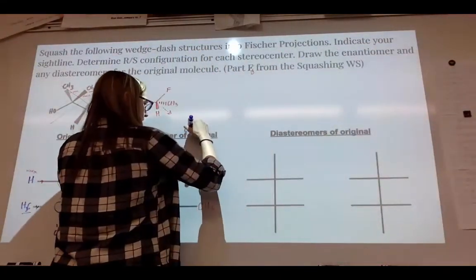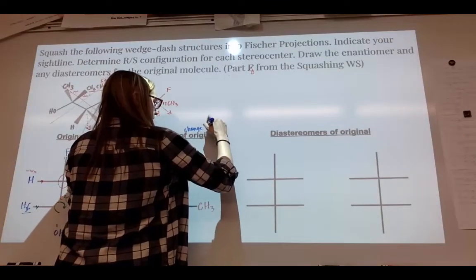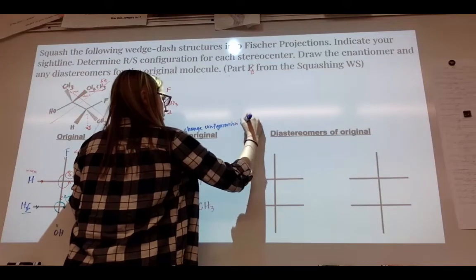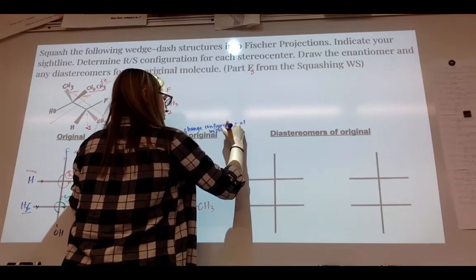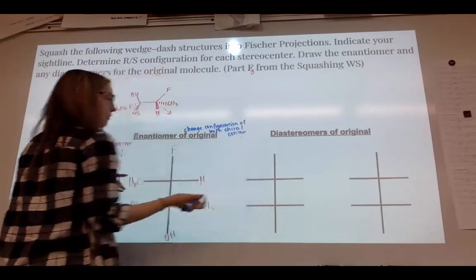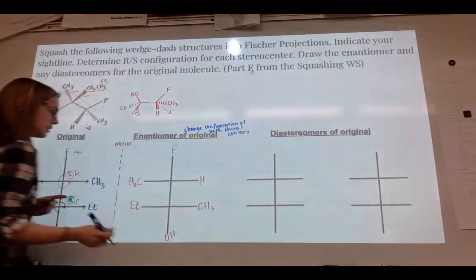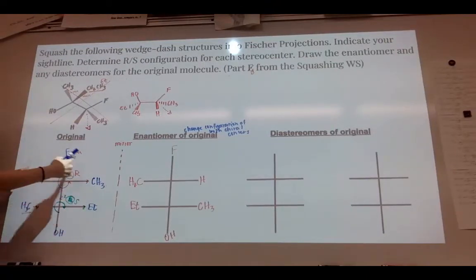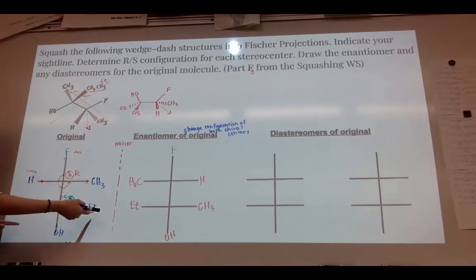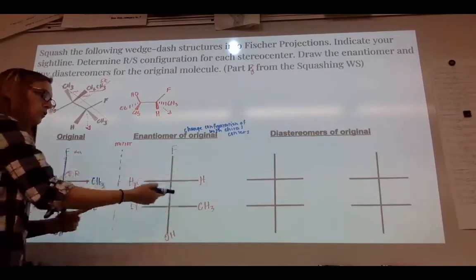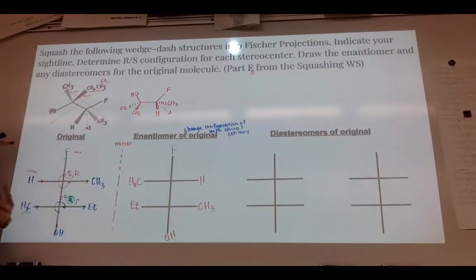So here we'll say change configuration of both chiral centers. That just means we switched both of the groups, which we did. CH3 and H switch places. Ethyl and methyl switch places. When you exchange the groups, that changes the configuration.